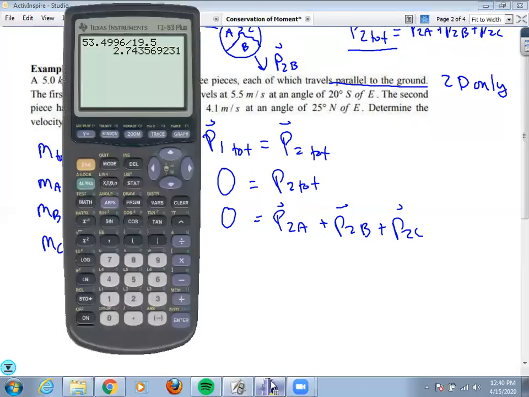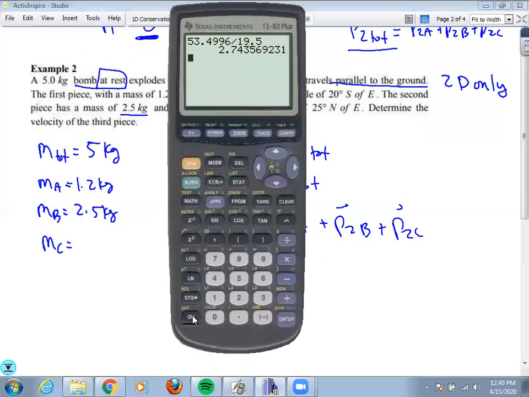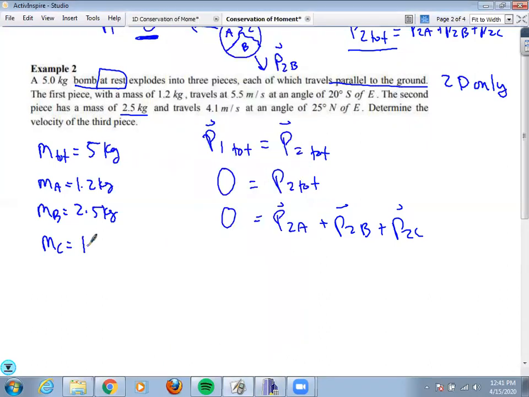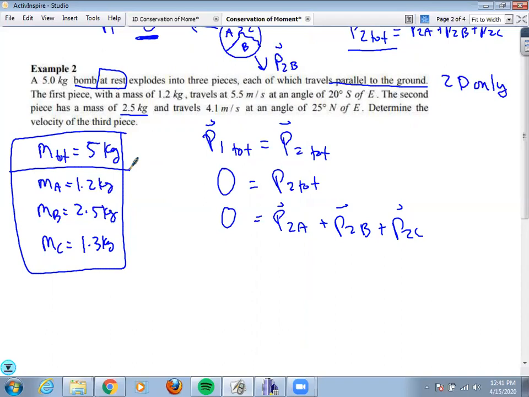So let's take care of that first. We would take 5 minus 1.2 minus 2.5, and you get 1.3. So the third piece is 1.3 kilograms. That's important to note. So we have 3 pieces, A, B, C. They add up to the total.